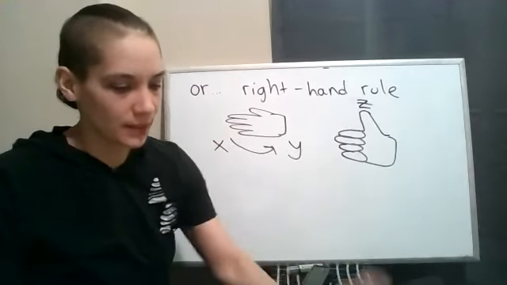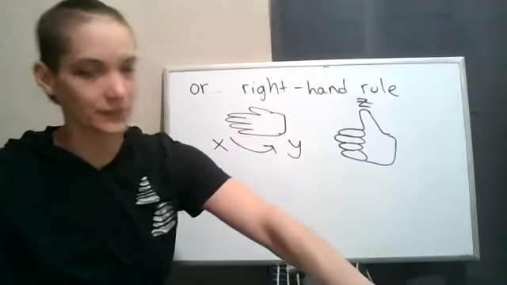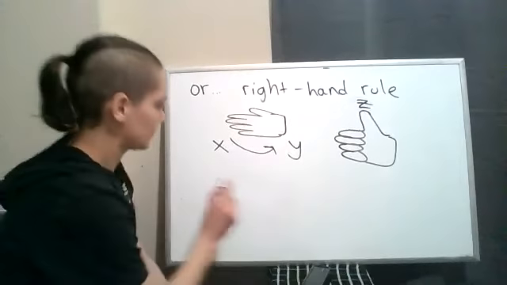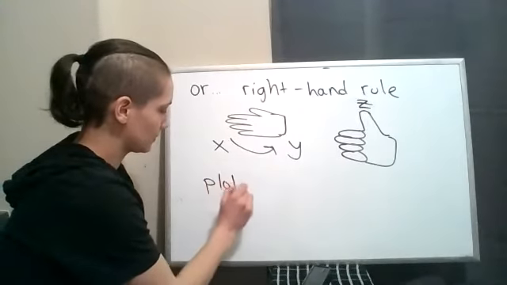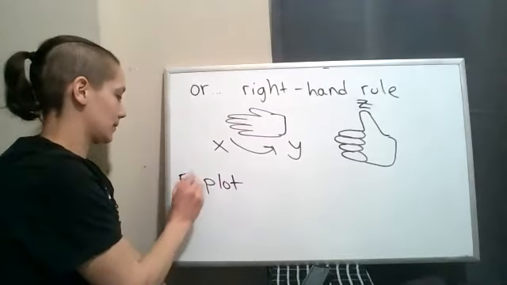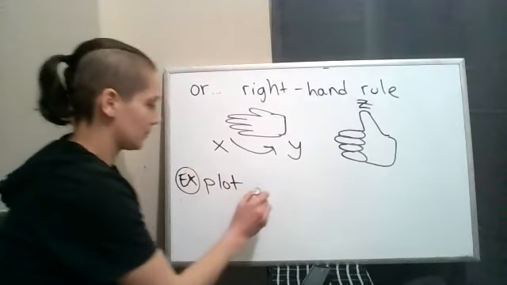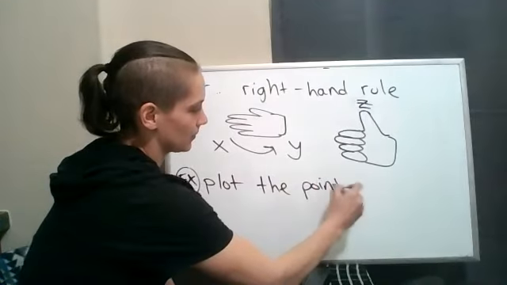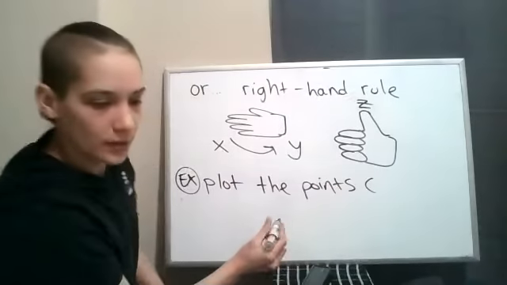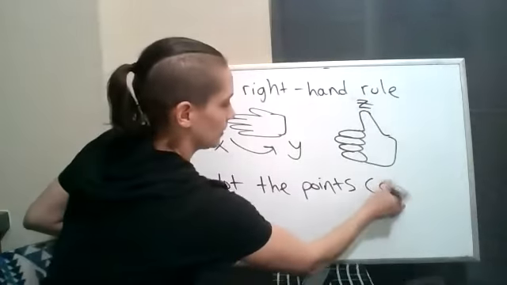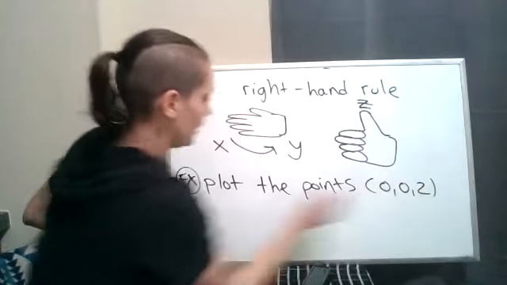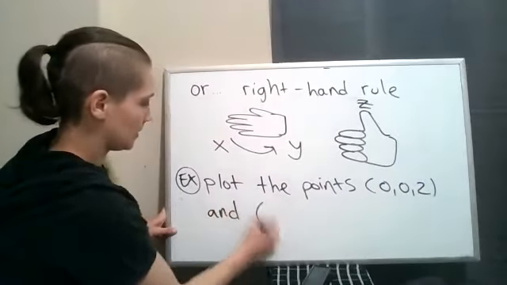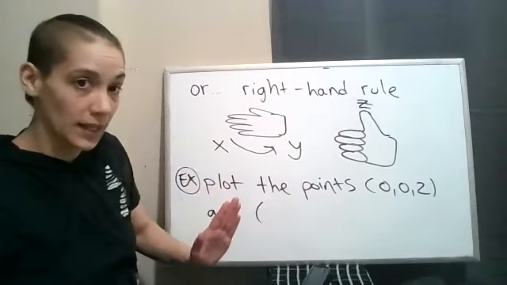Let's plot some points. We're going to plot 0, 0, 2, and 2, negative 1, 3.